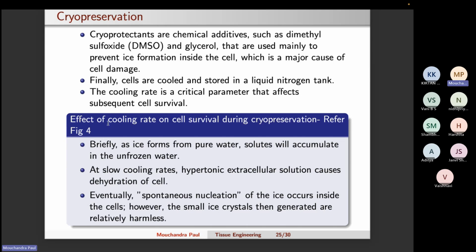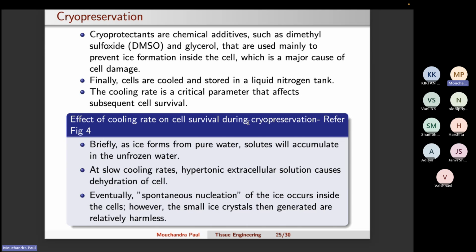Now, what is the effect of the cooling rate on cell survival during cryopreservation? You have to optimize the most efficient cooling rate, meaning the temperature drop per minute. In our lab, we try to maintain a temperature drop of 1 degree Celsius per minute.